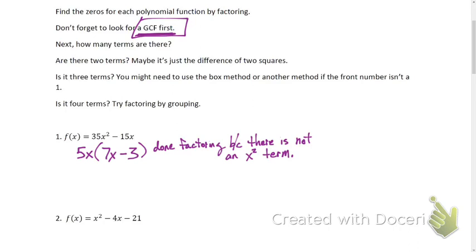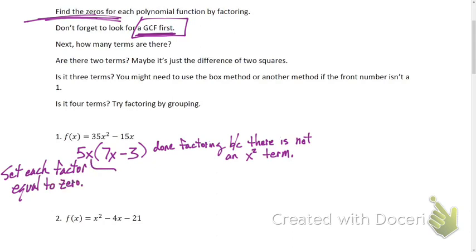Now, up here at the very top, it said find the zeros. So that means set each factor equal to 0. So that means set 5x equal to 0.